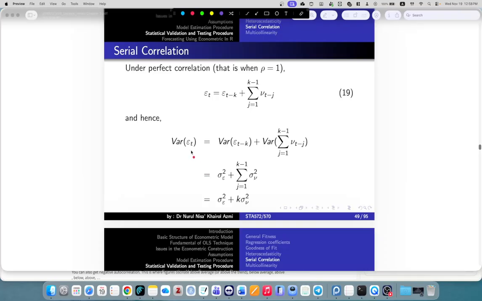Remember that the assumption of our model is that the error term must be constant across time. Now the assumption is violated, since k, the number of previous observations you have, carry weightage on the variance. So the variance will keep increasing as the lag increases. This is an example of positive correlation.